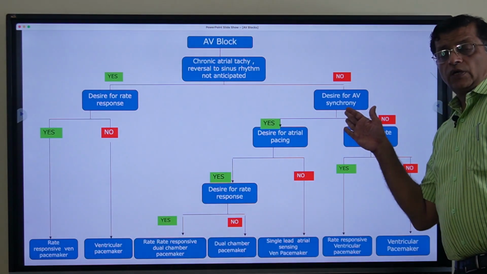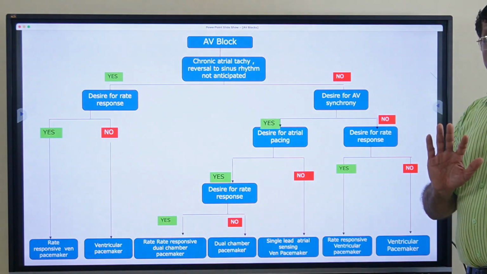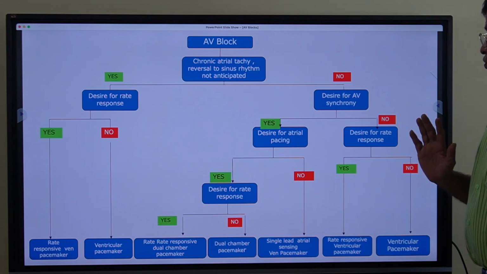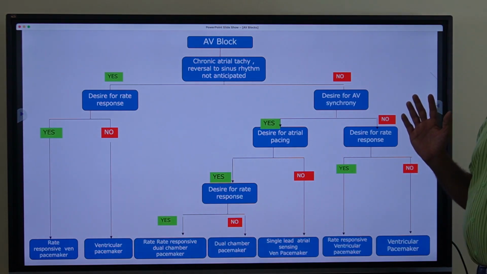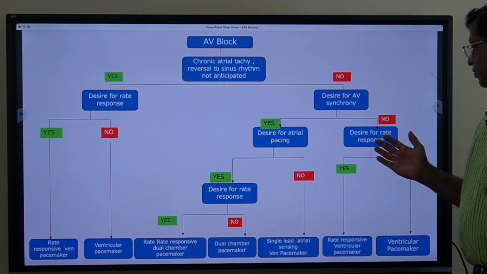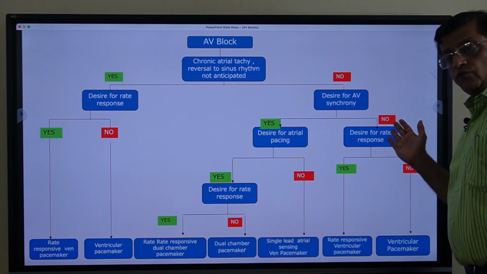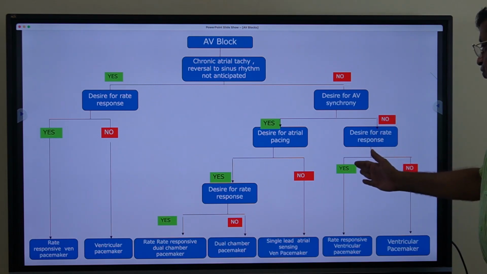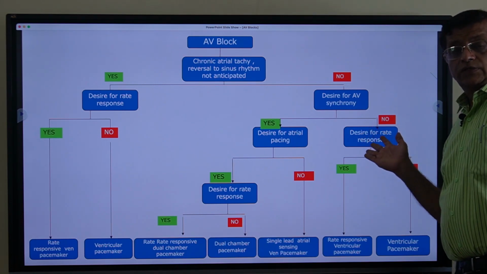AV synchrony is ideally preferable in all patients, because otherwise the patient may land up in pacemaker syndrome. So if the patient is very old and has very little physical activity, then you may not go in for AV synchrony. Then in such patients, find out whether the patient requires rate response.